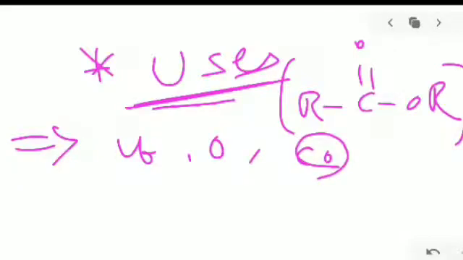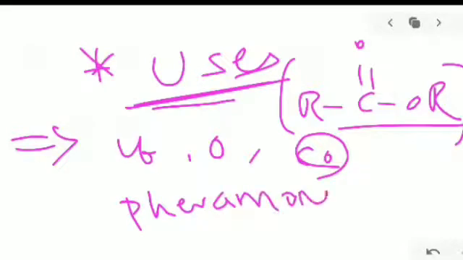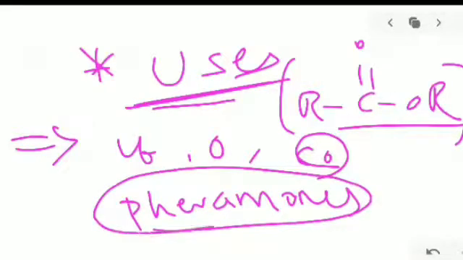Whatever materials are prepared, esters are used. And next, it is present in pheromones. Pheromones are hormones that also contain esters. Pheromones are chemical hormones for attraction, in animals and human beings also.